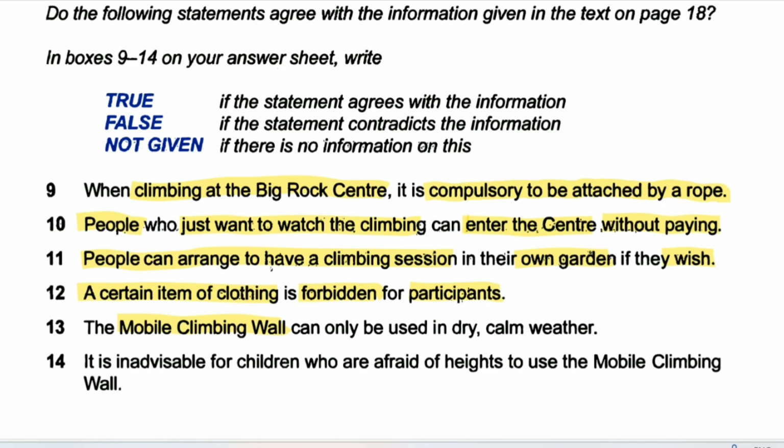The mobile climbing wall can only be used in dry and calm weather. It is inadvisable for children who are afraid of heights to use the mobile climbing wall. So guys, I have read all the questions very slowly, carefully, and I've understood the meaning.